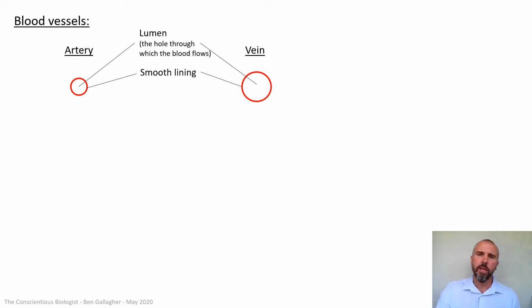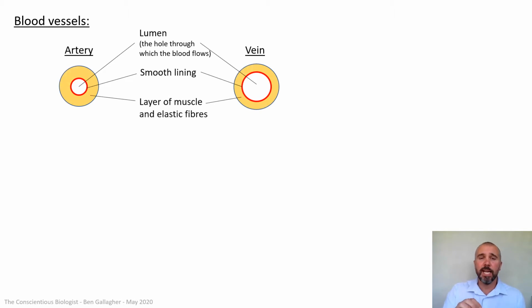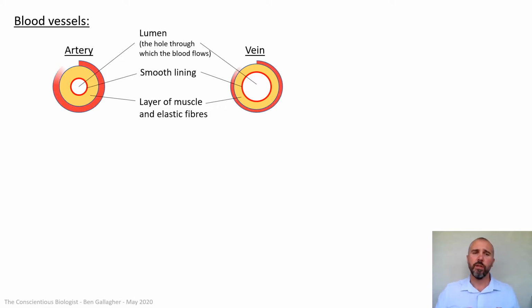Okay. Outside of that, you have this layer. Now this layer is of muscle and elastic fibers. That gives it a huge amount of strength, but it means when the blood's pumped through hard, it can stretch a bit, it can recoil, but it makes them very, very strong. Okay. Outside of that, you've got a really, really tough wall.